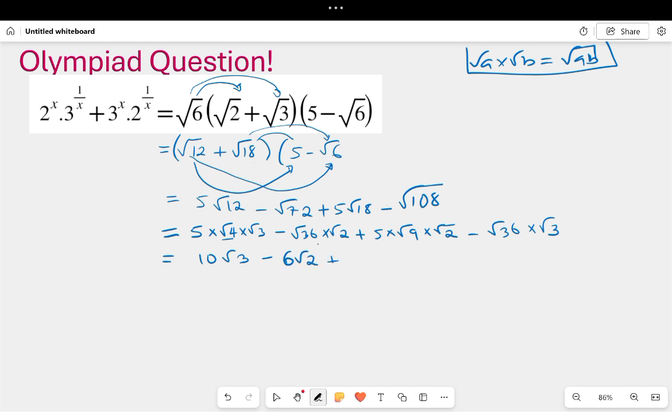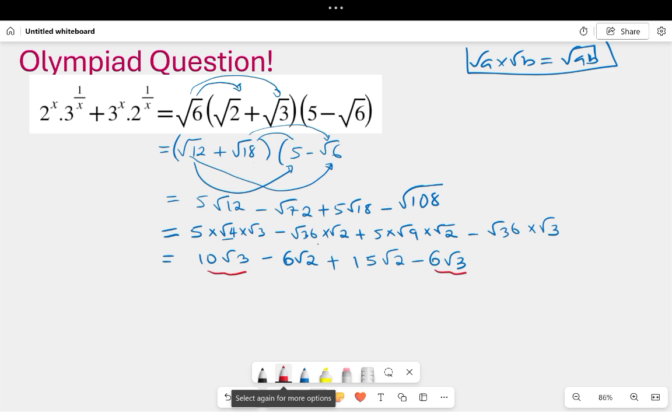Then plus 5 times the square root of 9, which is 3, so it is 15 root 2, minus 6 root 3. Now these square root of 2 terms we subtract out, and by doing so our answer is 10 root 3 minus 6 root 3, so we have 4 root 3.